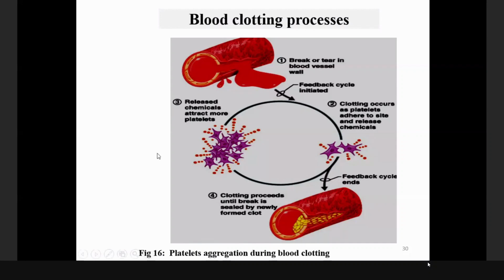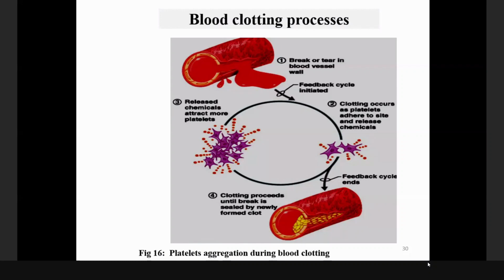So assume when your blood vessel is ruptured, then endothelial cells are exposed and collagens are exposed into the blood. Then chemotactants are produced. Then a single platelet is attracted and gets into the ruptured area. Then that platelet becomes active and it releases so many factors.